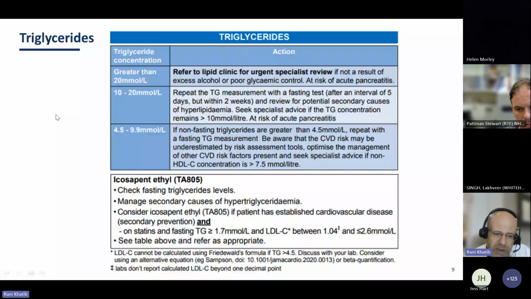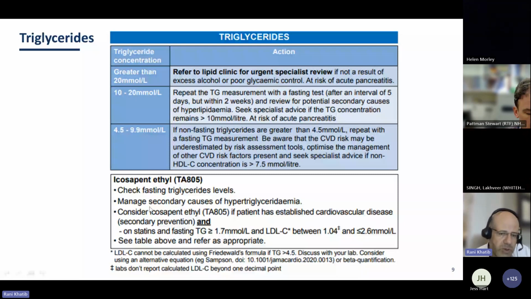The only scenario we have for the use of icosapent ethyl, in line with TA805, is in patients who have established cardiovascular disease and well-controlled LDL. If their triglycerides are 1.7 or above, then you've got the option of using icosapent ethyl.